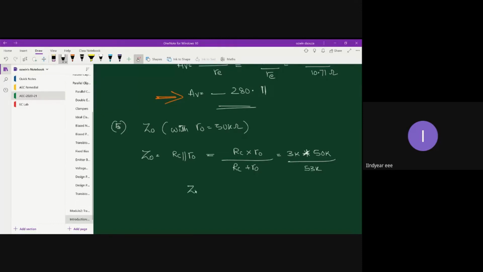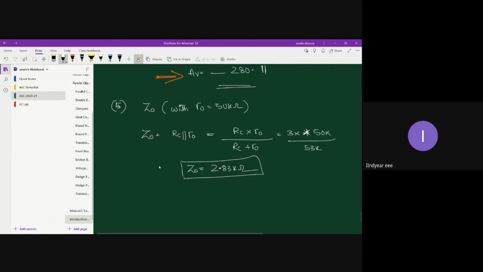So how much will you get for Z0? 2.83 kilo. Correct, no? 2.83 you will get, right? Good.